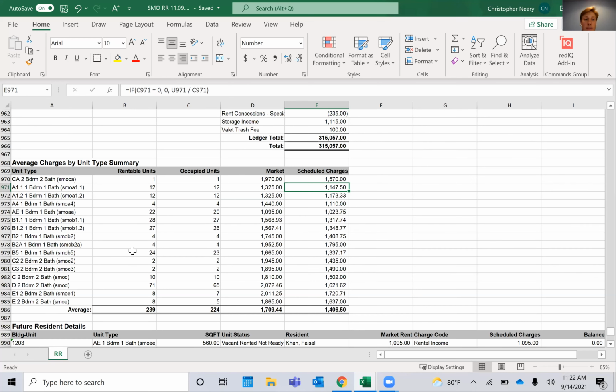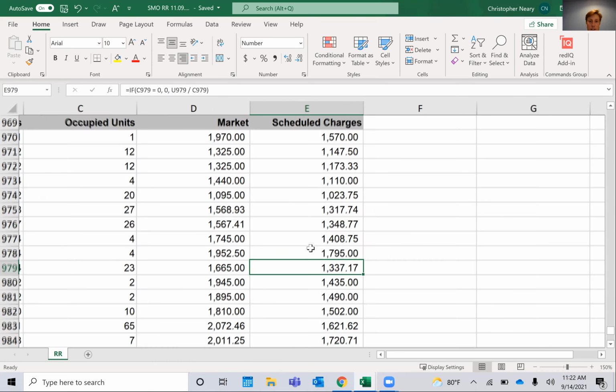So this is just a great way of seeing your property as a whole and seeing what is being rented for a premium, what is lacking. For instance, let's see if we can get a good example. These people might have a large loss to lease, as you can tell.